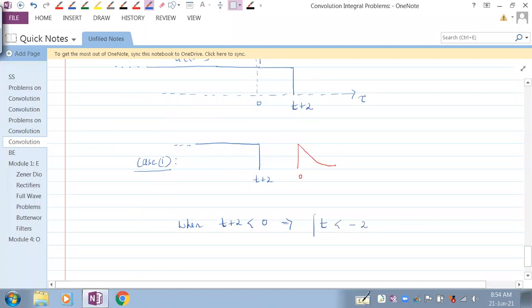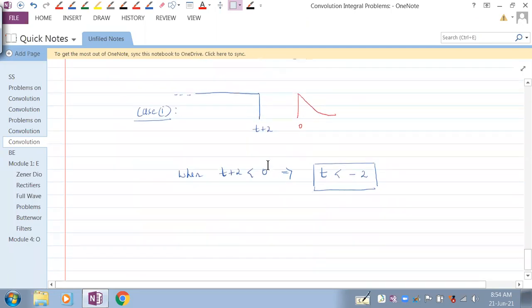So when t is less than minus 2, is there any overlapping happening? No. For overlapping to happen, this t plus 2 should at least be equal to 0, or it can even be greater than 0. So when t plus 2 is equal to or greater than 0, then there will be overlapping of the signal. But since it is less than 0, no overlapping is happening.